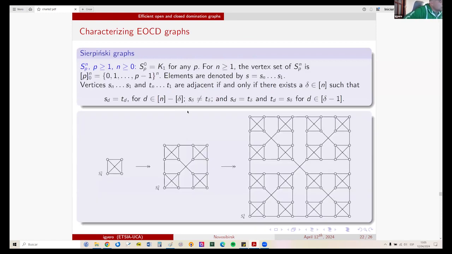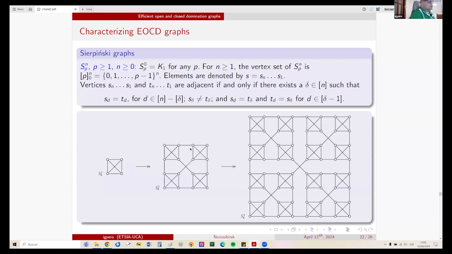Sierpinski graphs are a construction which is made somehow like over here. We begin with a complete graph. For instance, this is K4, then S41 is the graph in which we begin with K4. For the construction of S42, the second step in the construction of the Sierpinski graph, we take as many copies as the order of the complete graph, K4, so we need 4 copies of K4.